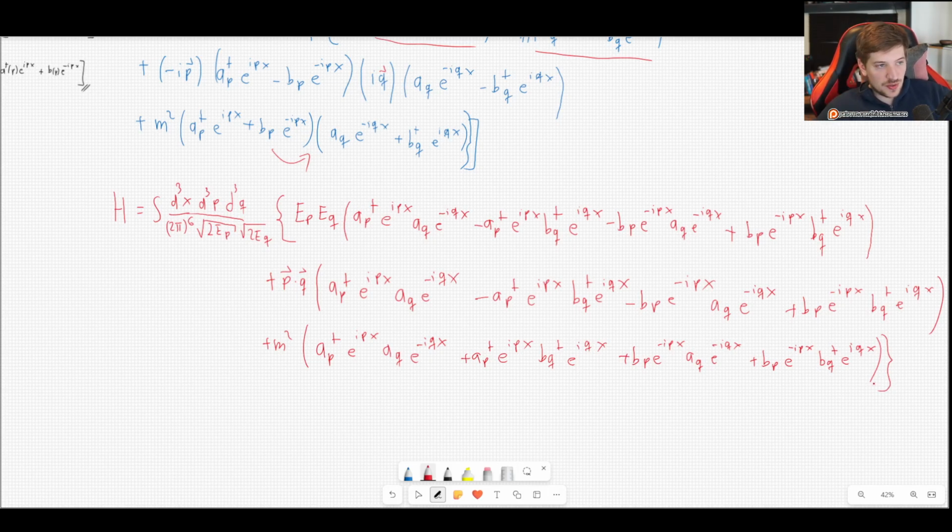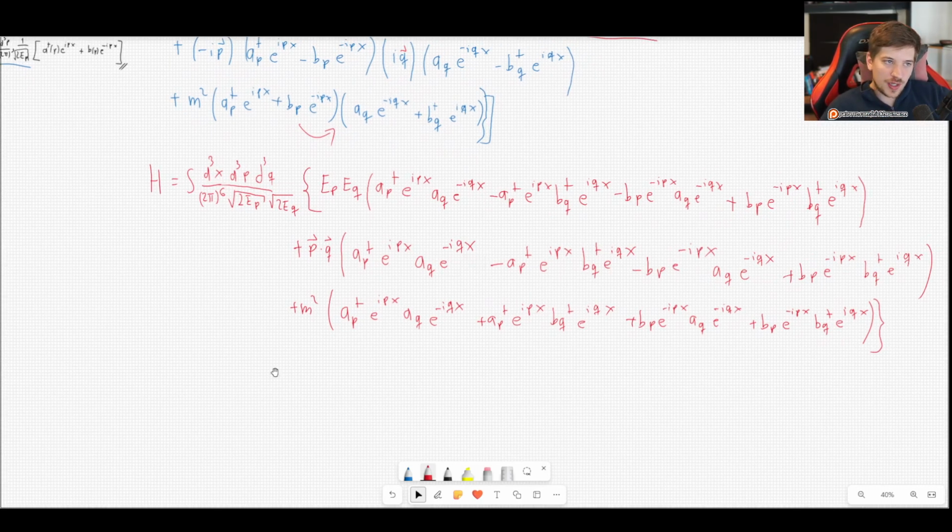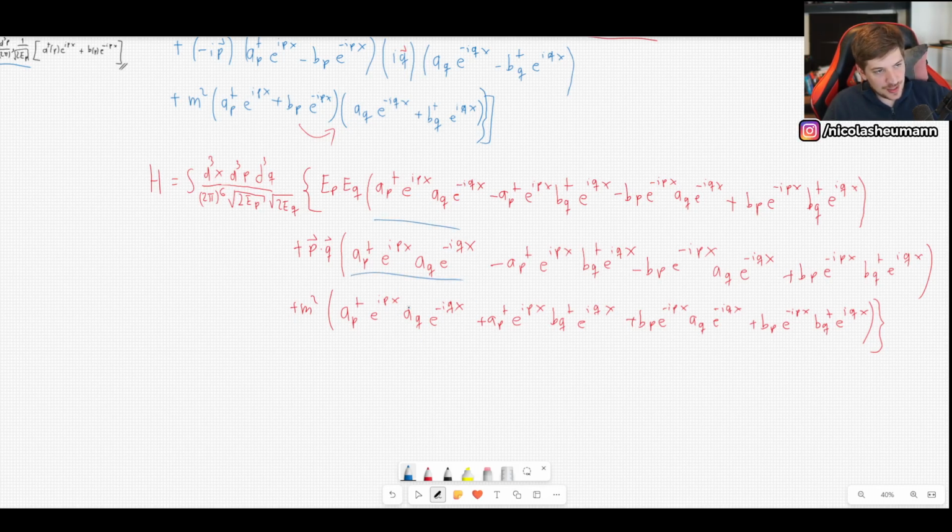Okay, so it may look absolutely atrocious, but let's take a quick look at it, because we have a_p dagger e^{ipx} a_q e^{-iqx} repeated, so these three are all the same. Okay, interesting. Then we have b_p e^{-ipx} b_q dagger e^{iqx}, the same thing. So that is quite interesting.